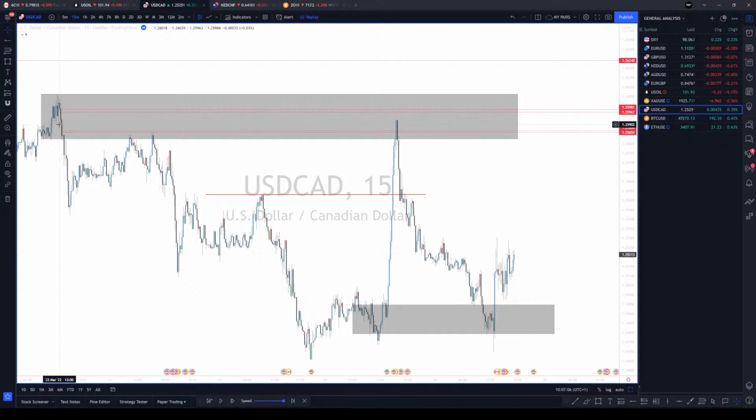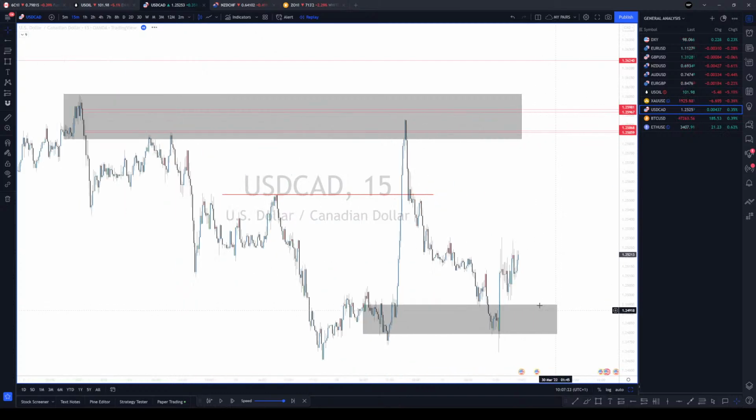I think there was another gap somewhere. Not there, didn't quite get there. So that level will still be a draw on liquidity. If they get there, something might happen as well. So maybe from here we could see price trade up there.